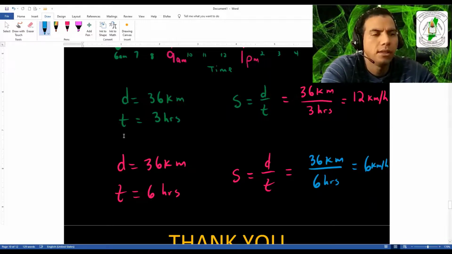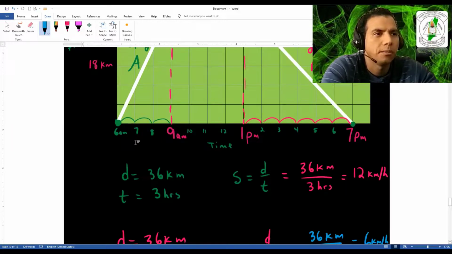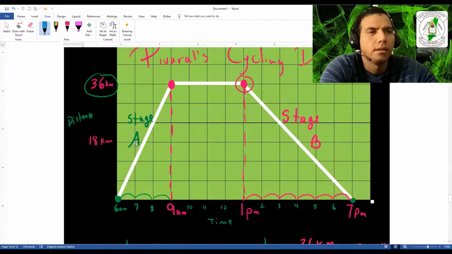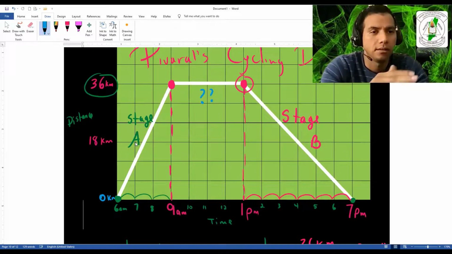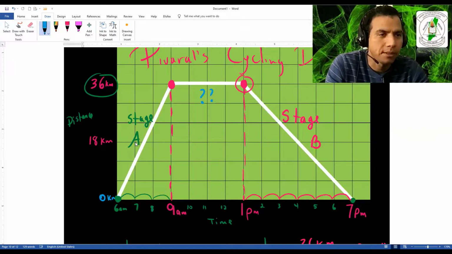So this is calculating the speed using a distance time graph. Now, this horizontal section here, question mark, what do you think happened here? Starting at 0 kilometers, going up, movement, change in time, but here, the distance did not increase, nor decrease, but the time elapsed.